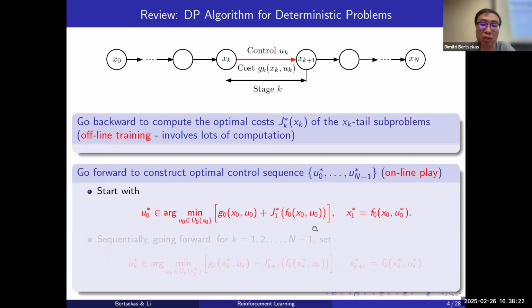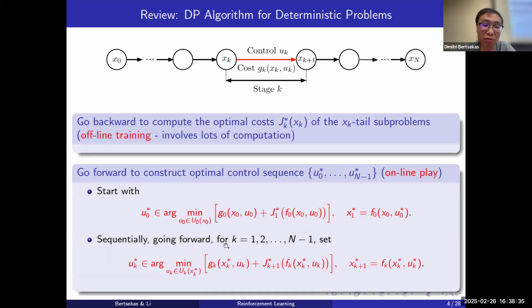We perform this one-step look-ahead minimization calculation to compute u0 star. And that brings us to the next state, x1 star. And sequentially, we go forward for k equal to 1 till n minus 1. We compute u_k star by this formula and get to the next stage and so on.